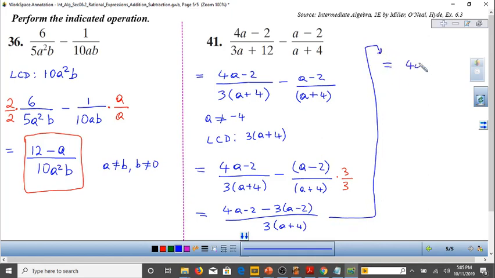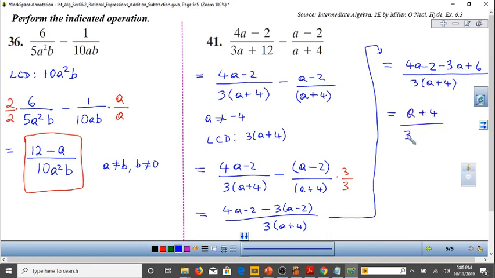So I have 4a minus 2 and then minus 3a minus 6. Sorry, not minus 6, plus 6. Negative 3 times negative 2 is positive 6. And then the denominator is 3 times a plus 4. We continue. 4a minus 3a is a. Negative 2 plus 6 is 4.